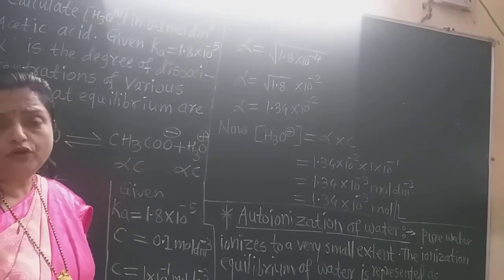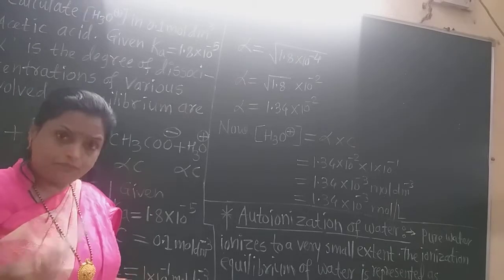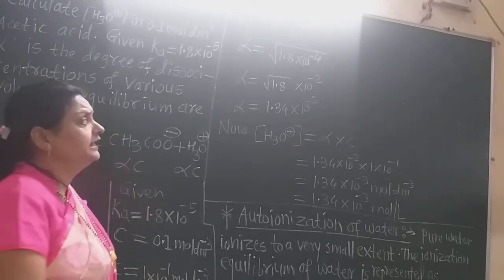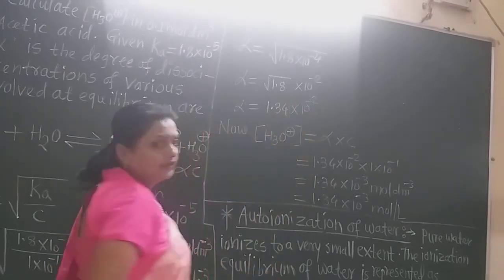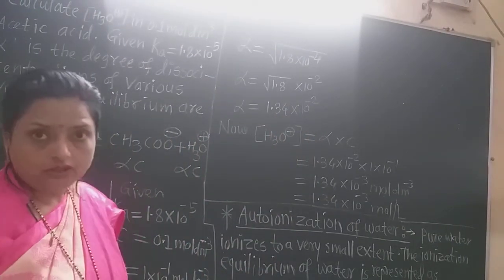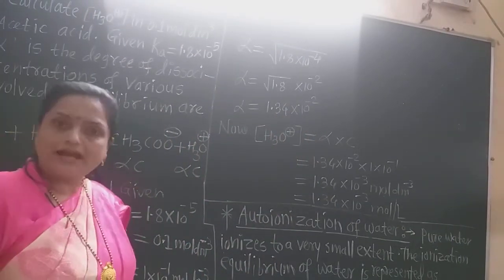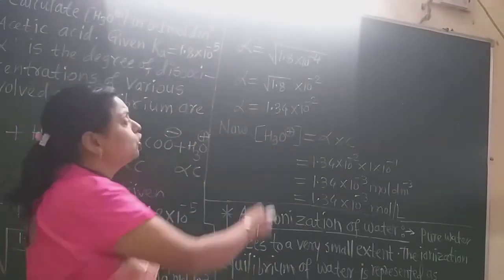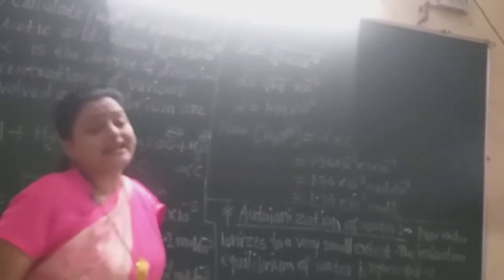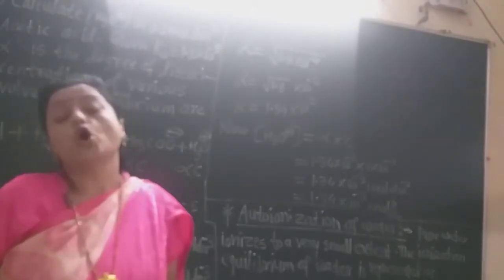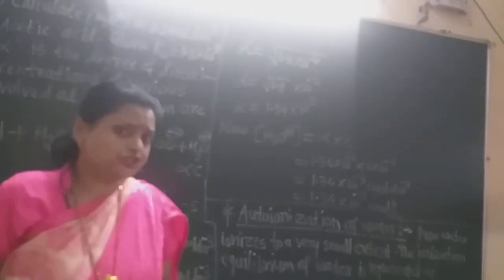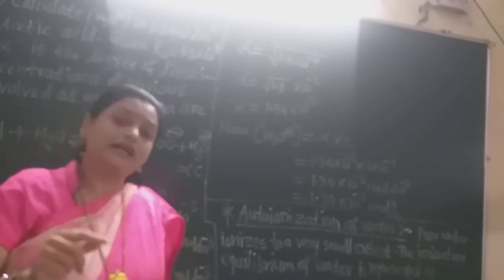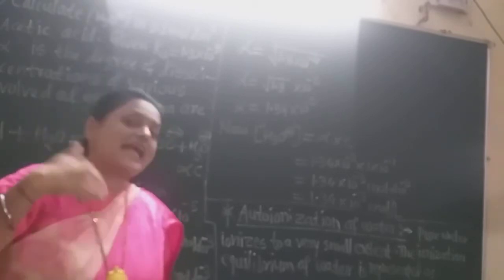Now if we want to take this 10 raised to minus 4 outside the square root, then it becomes 10 raised to minus 2. Remember that. The square root of this 10 raised to minus 4 is 10 raised to minus 2. And the square root of this 1.8 you can directly see in the log table: take the log of 1.8, divide by 2, and then see the antilog.